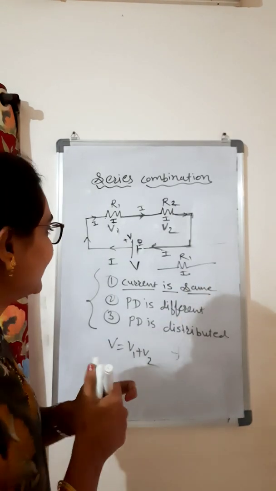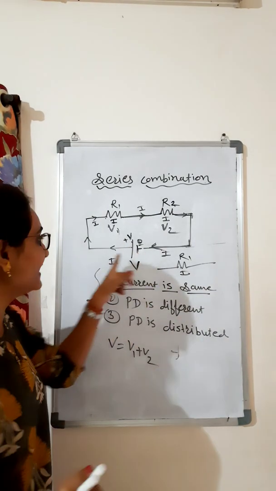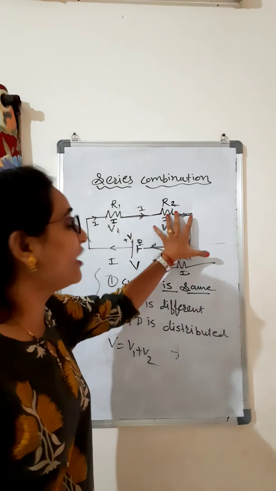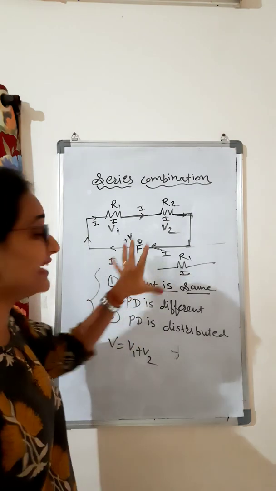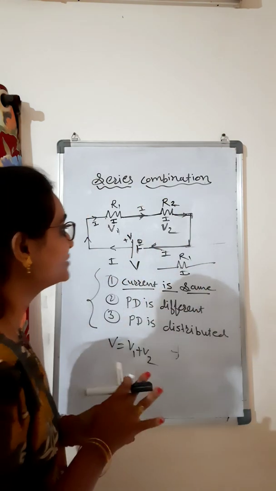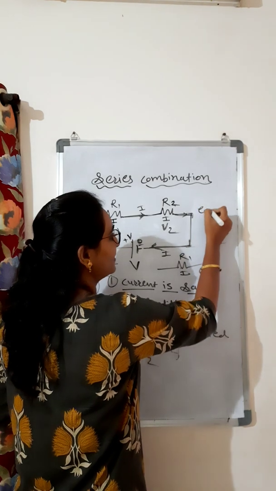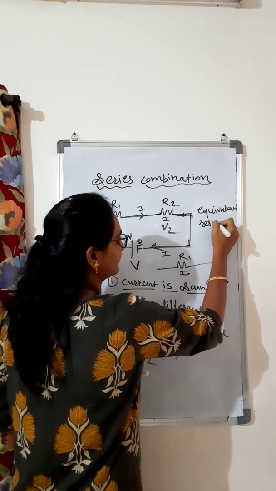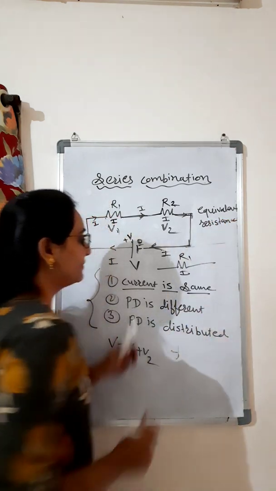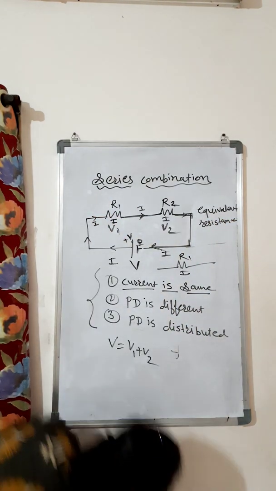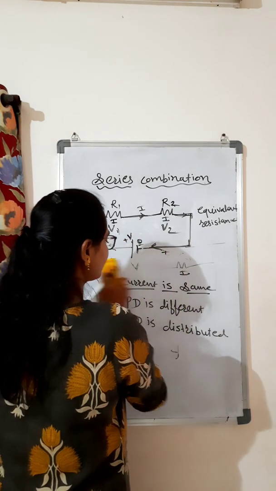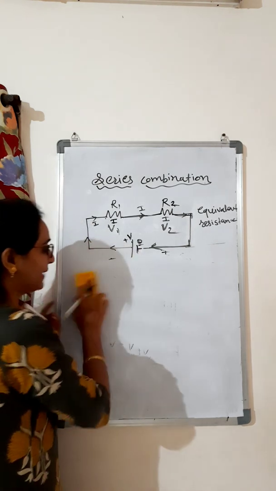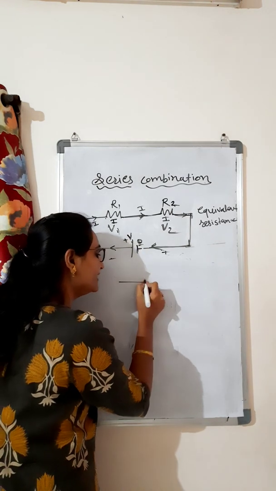Now what happens is, this cell we connected has to flow the current through it. At that time this cell will not see how many resistances are connected. This cell can only observe one resistance, and that is called the equivalent resistance. For this circuit, this battery, this cell, can see only one resistance.